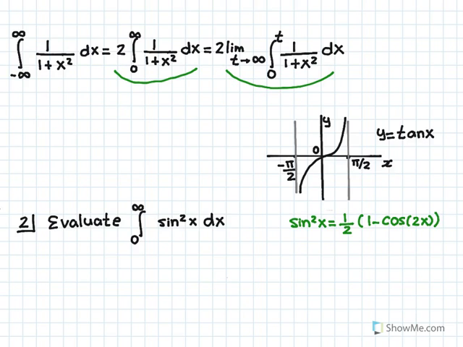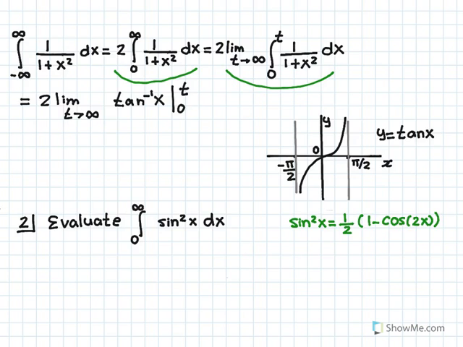Well, that is tan inverse x, because the derivative of tan inverse x is 1 over 1 plus x squared. So that's going to give us 2 times the limit as t goes to infinity of tan inverse x evaluated from 0 to t.